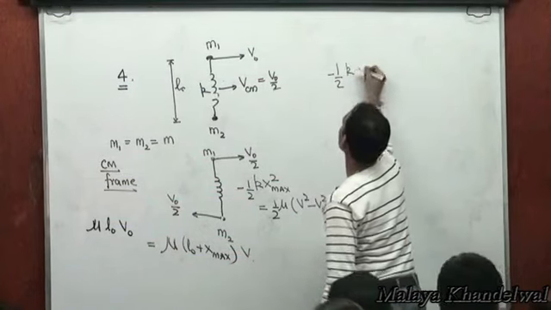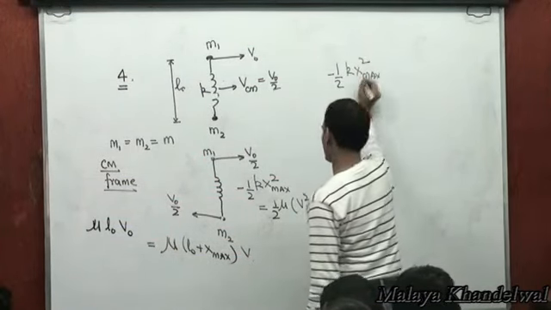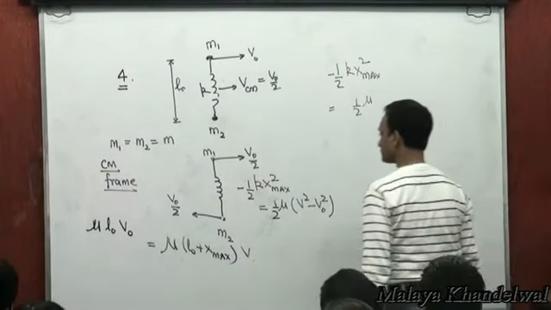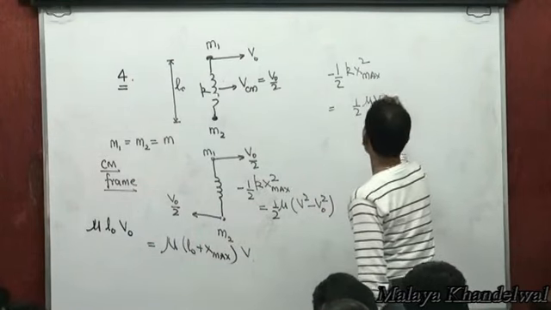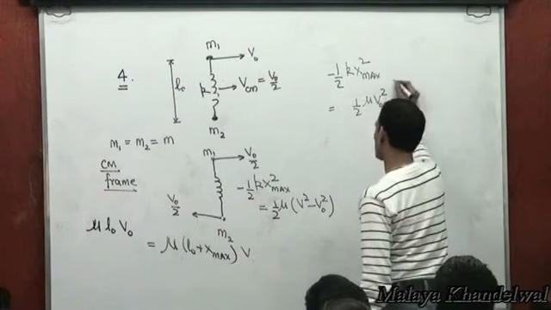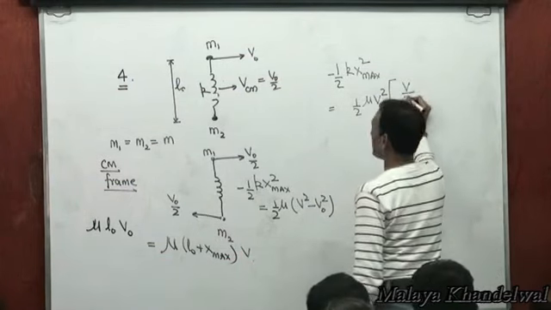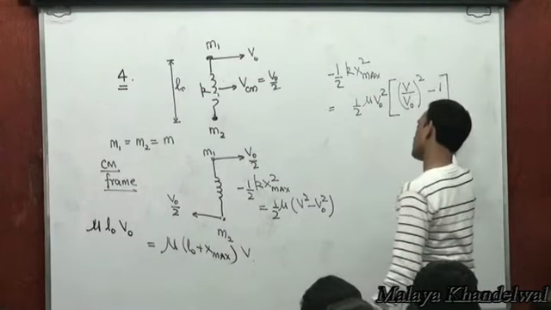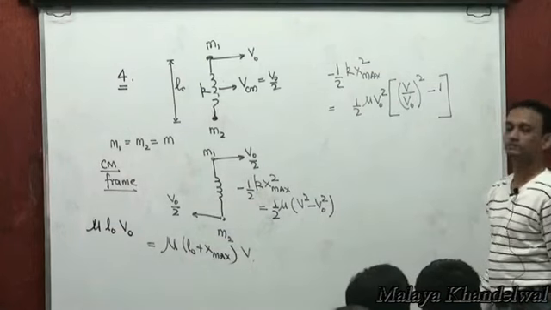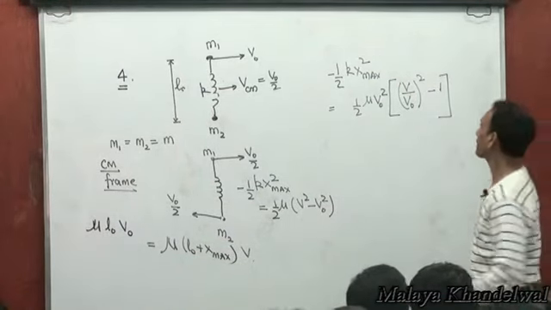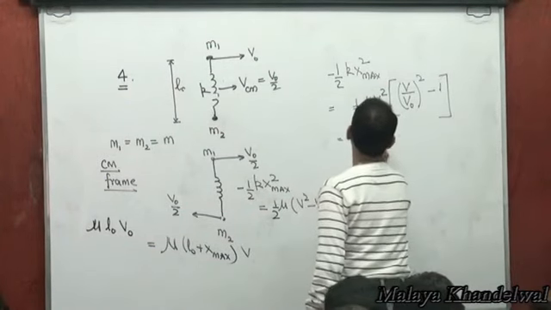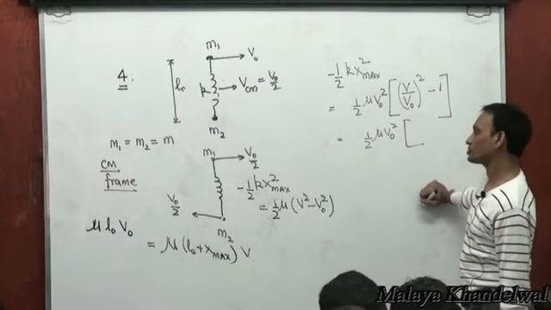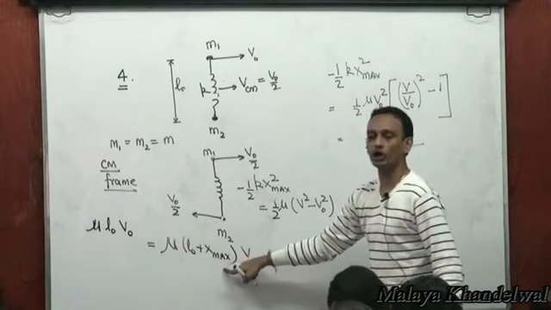Minus half K x max squared is half mu into, if I take v naught squared common, then this is v by v naught whole squared minus 1, right? v by v naught is L naught by L naught plus x max.